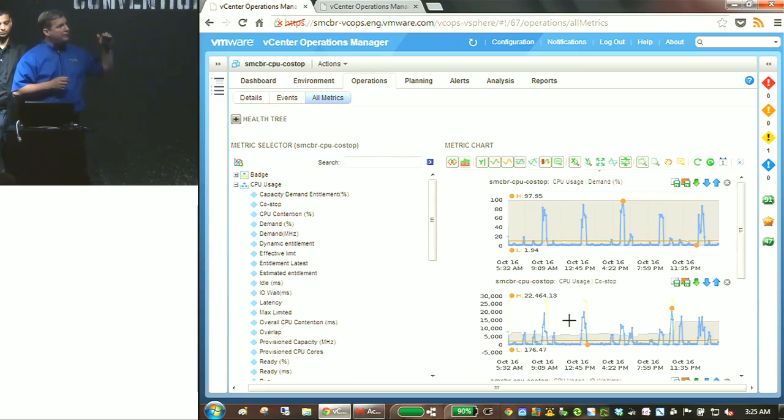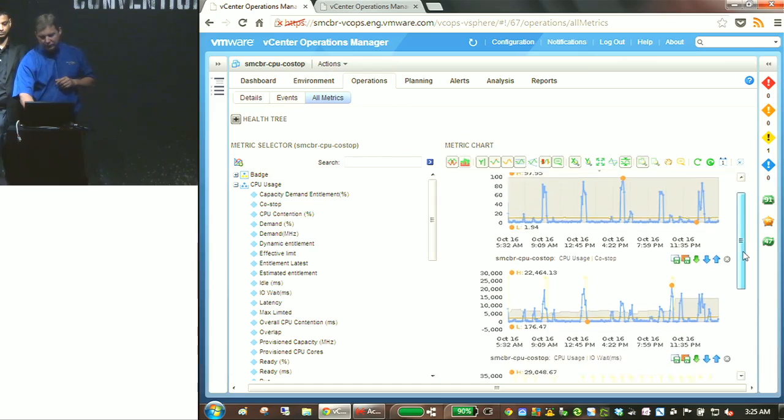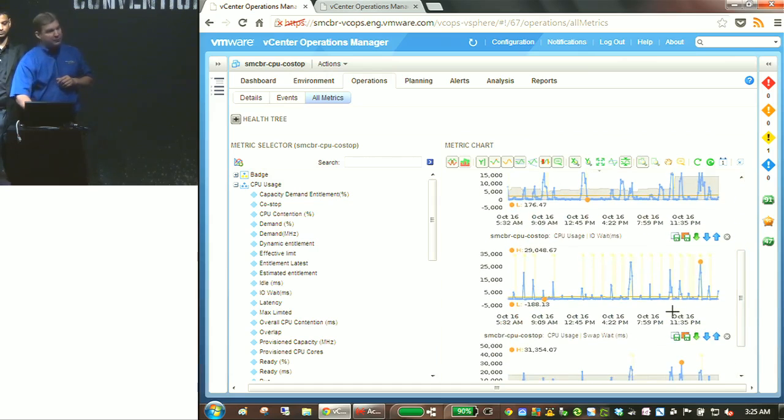And in this case, if CoStop was flatlined, then I would move to my next metric. And the next metric is I/O wait. So I can actually see sometimes the VM is waiting because of I/O. And that could be caused by other VMs writing to the box, and it's not being able to, or it itself is writing to the box, and it's waiting on that blocked I/O.